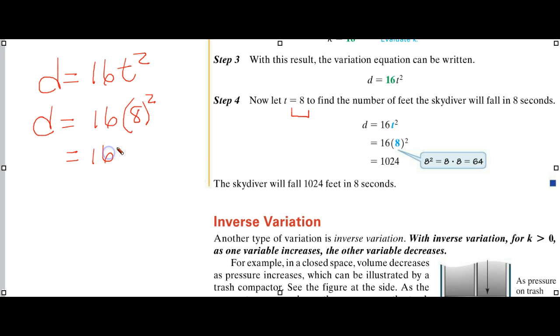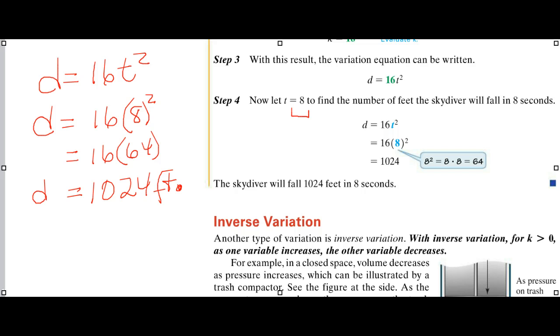So this will be 16 times 64. We get our end distance of 1024 feet. And we found it out by keeping in mind this was a direct variation in which the x was to some power. X turned out to be t, and it was the square of t. And this is the result.